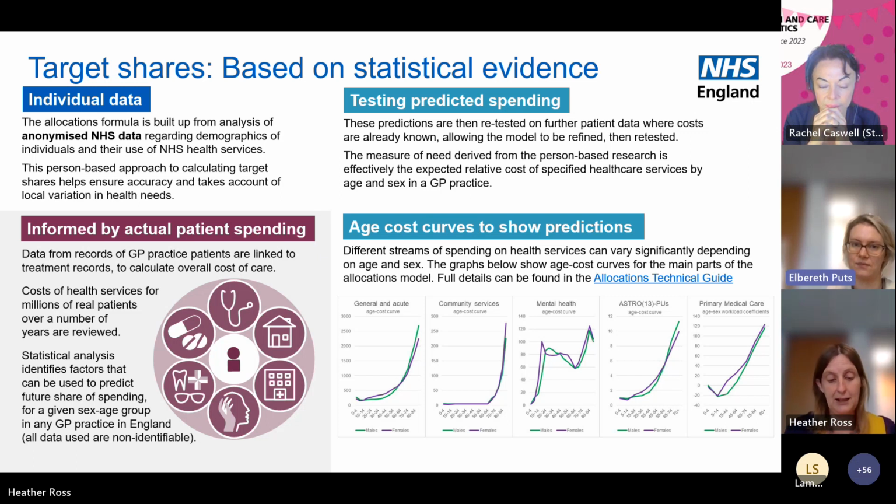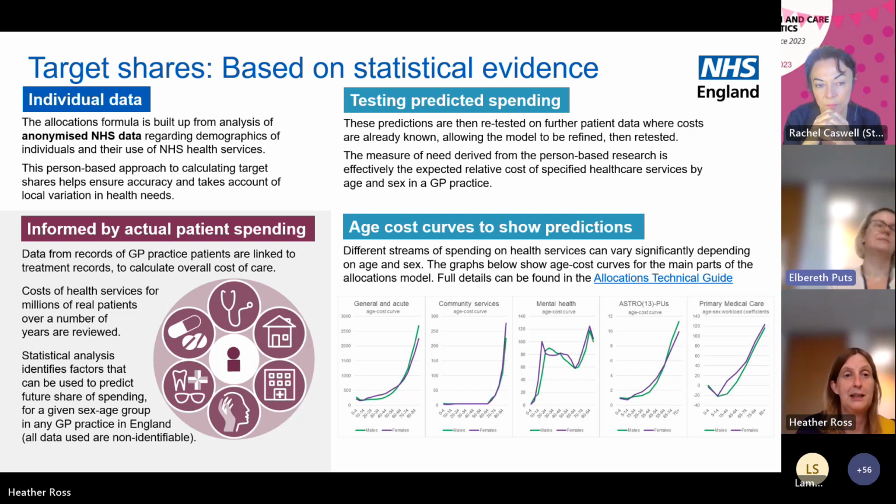We then test a range of need and supply variables to identify which variables are statistically significant in predicting costs for individuals. So we include supply variables when we're looking at what's predictive of cost.